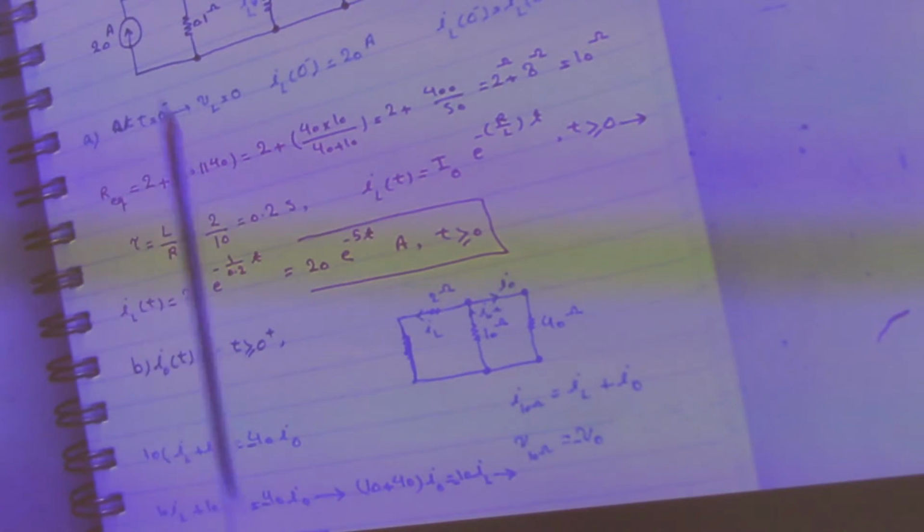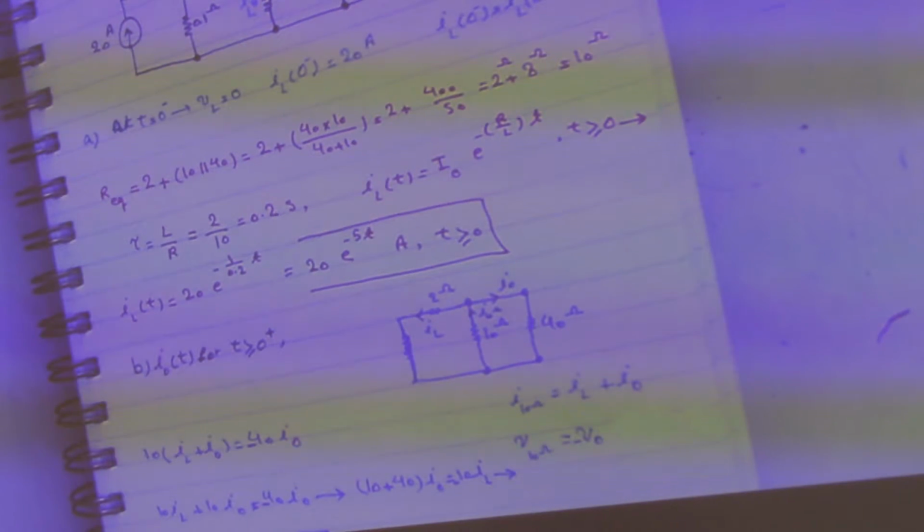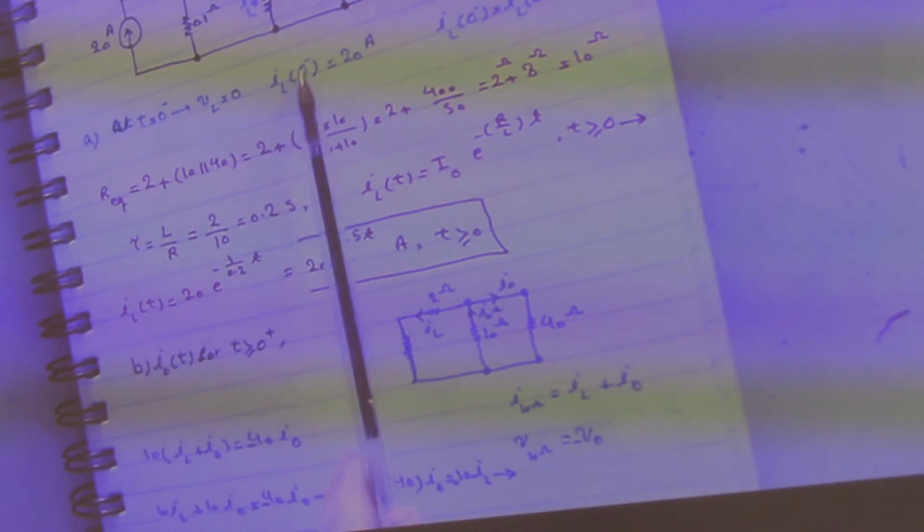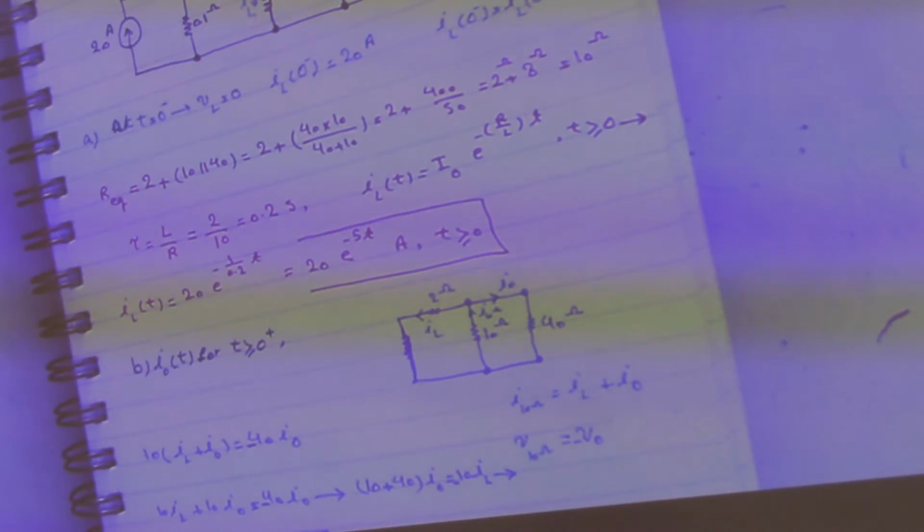Because of this value. So we say at t equal to 0 minus, before the switch is open, the voltage across this inductor is 0, and iL at 0 minus is 20 amps.